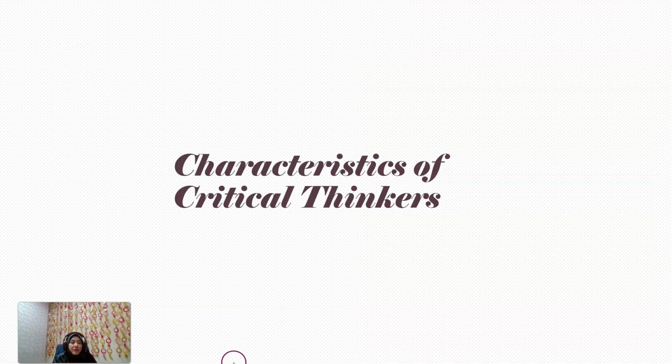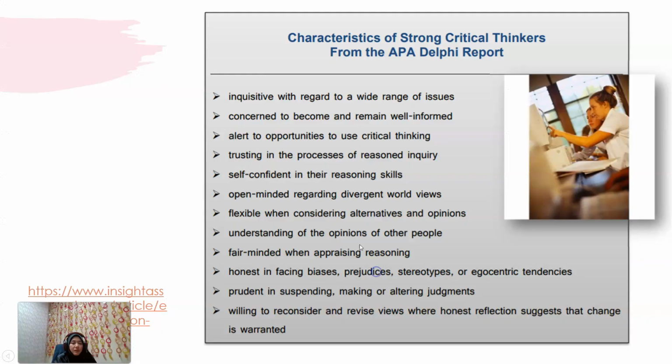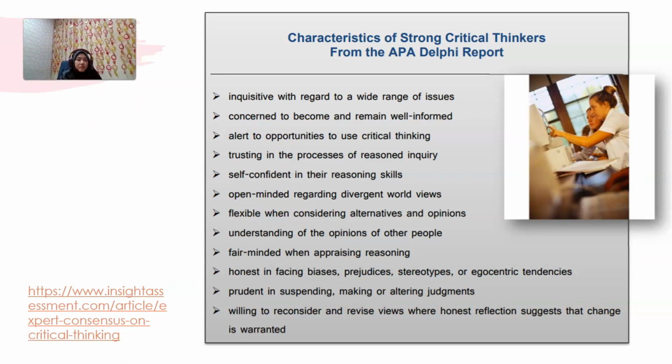Now we look at the characteristics of critical thinkers. We have gone through this in the critical thinking tools and methods, where I listed the dispositions of critical thinking. This is one of the lists of characteristics, from the Insight website, from the article.